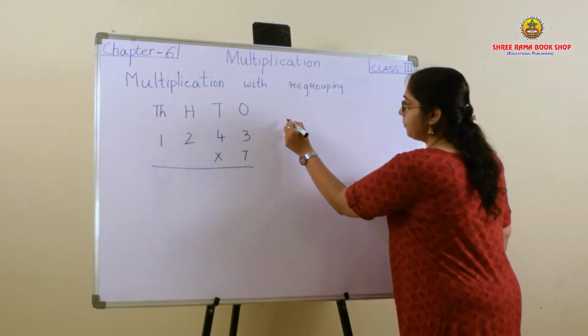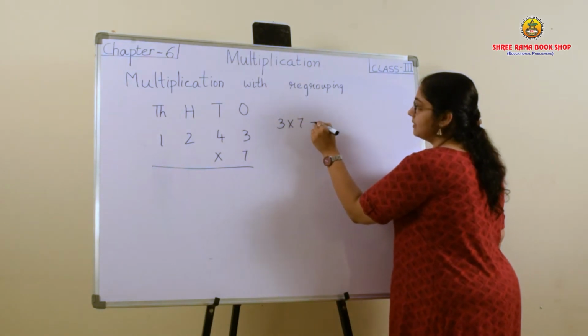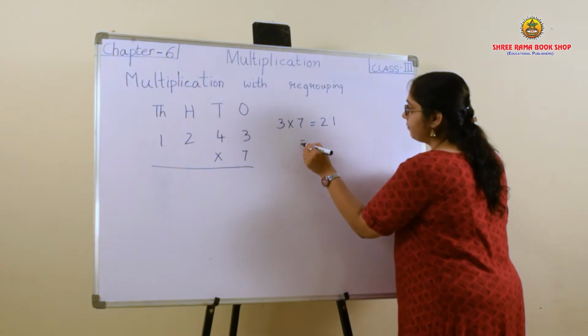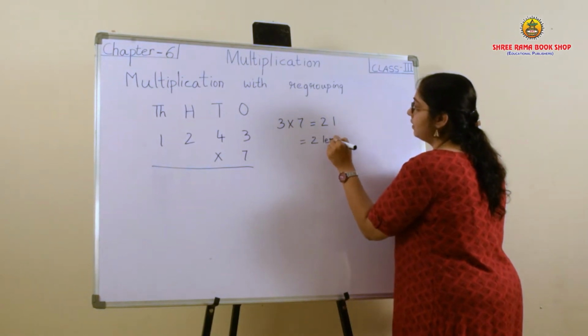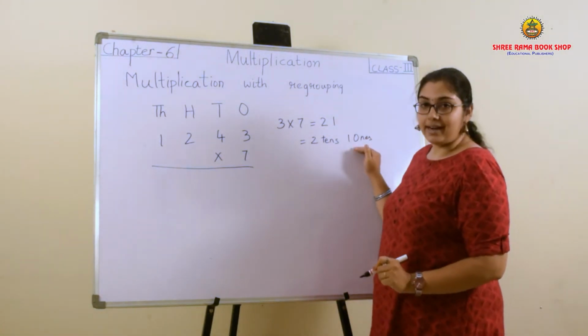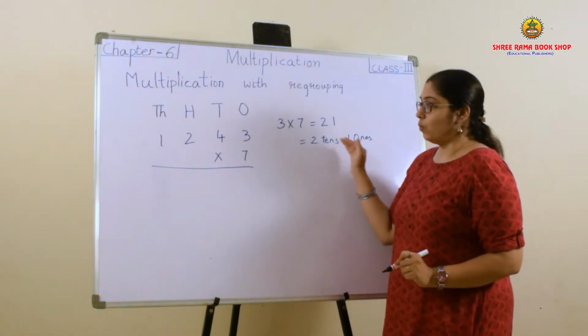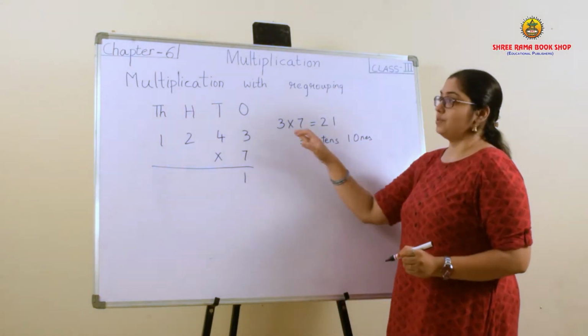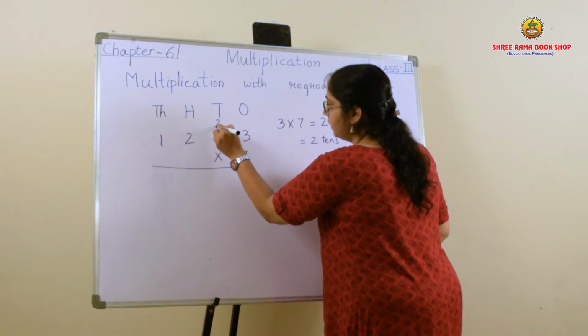So 3 into 7 is nothing but 21. Here I have 2 tens, 1 ones. So I will write this digit 1 in the ones column and I will be carrying this 2 tens to the tens column.